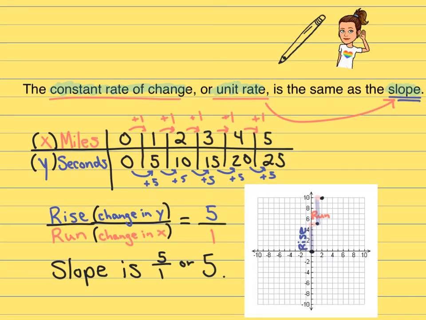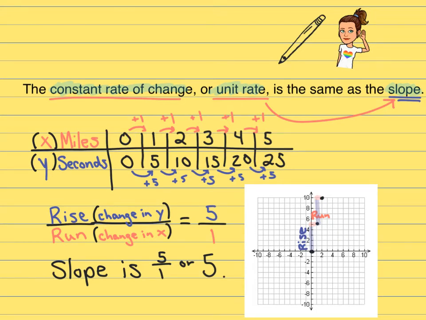So when we write slope, it's a ratio. It's often called rise over run. And what does that mean? The change in the y. Look at the table again. The change in the y is always 5. So we write 5 as our change in y. The run, which is the change in x, let's look at our table again.